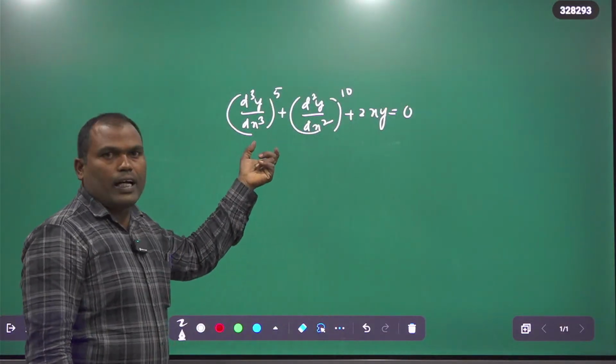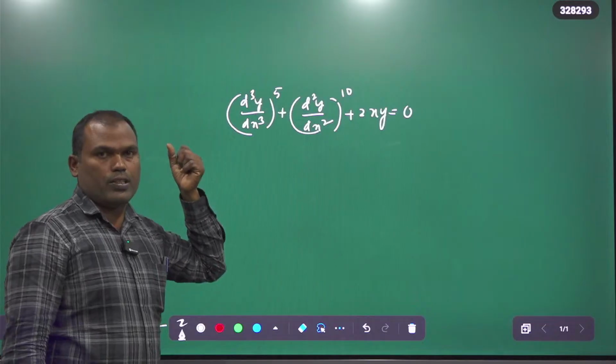Find the order and degree of this differential equation.